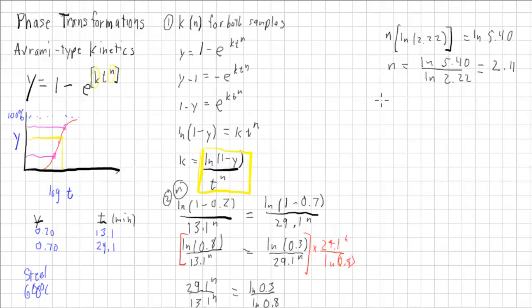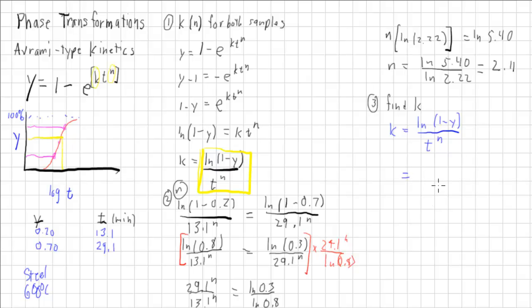The third thing we want to do is find k. Well, this is pretty easy. We already have this expression for k here. So we know that k equals the natural log of 1 minus y over t to the n. Well, we can use either of these data points to plug in here along with our newfound value for n. So let's do that.